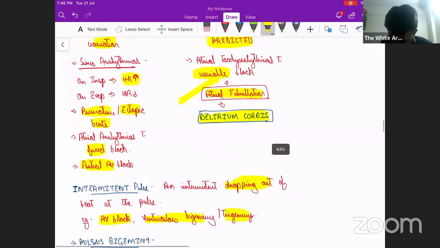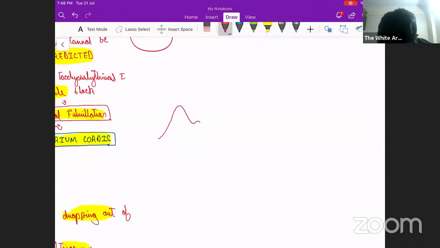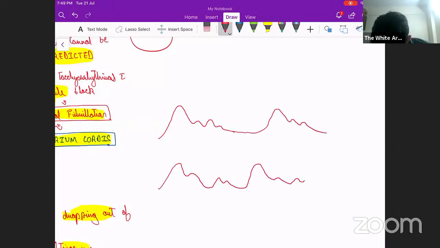Next I'll draw two waveforms. So this is one waveform, and one more. What is the first one?